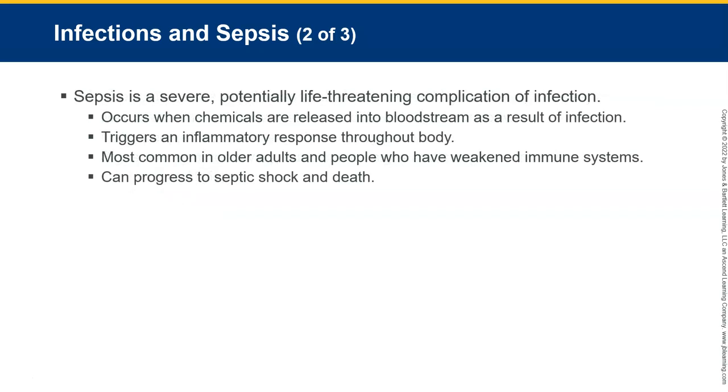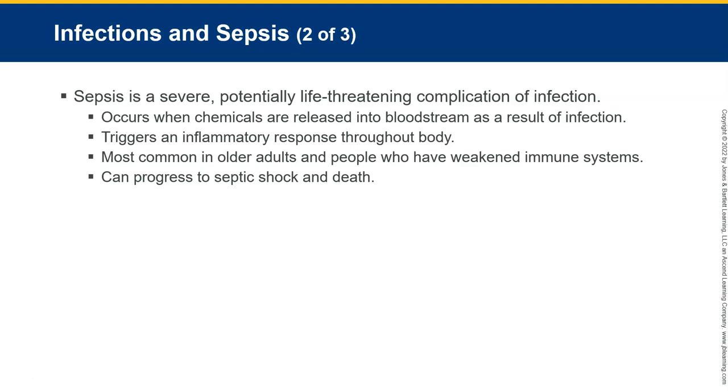So sepsis, moving on. Sepsis is that next step, a severe, potentially life-threatening complication of infection. Sepsis occurs when chemicals are released into the bloodstream as a result of infection and trigger an inflammatory response throughout the body. It's most common in older adults and people who have weakened immune systems.